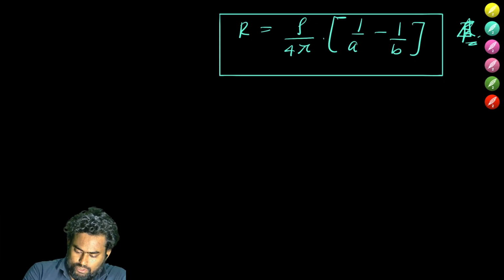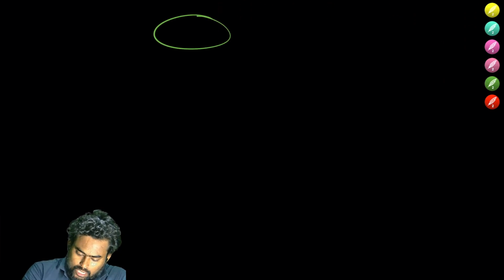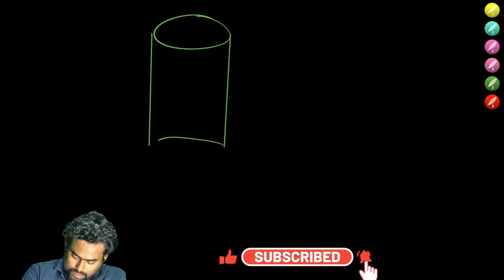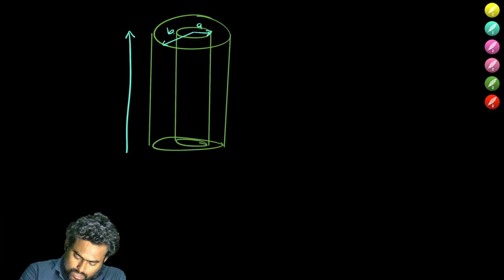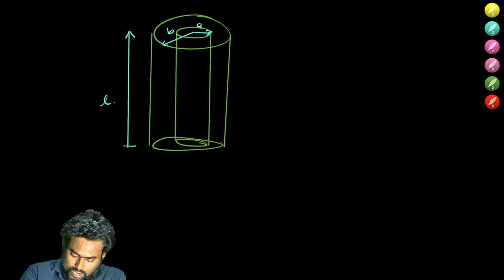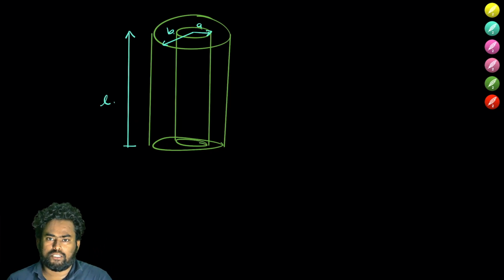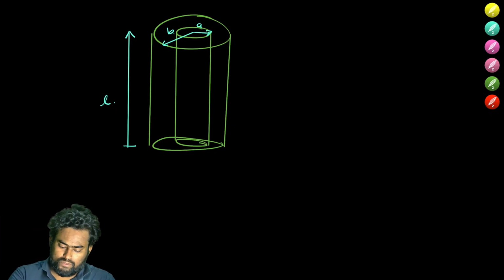Based on the same approach, they can give you a cylinder like this. Inner radius A, outer radius of the cylinder B, and length of the cylinder L. If you connect between the inner and outer surface, what will be the resistance between the inner and outer surface?